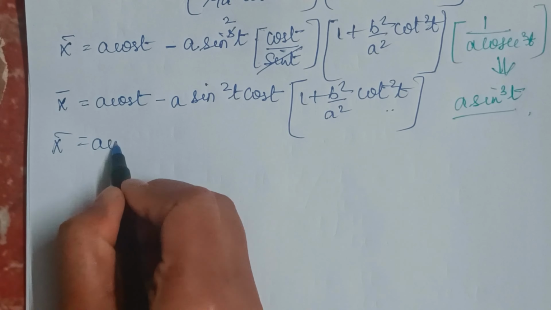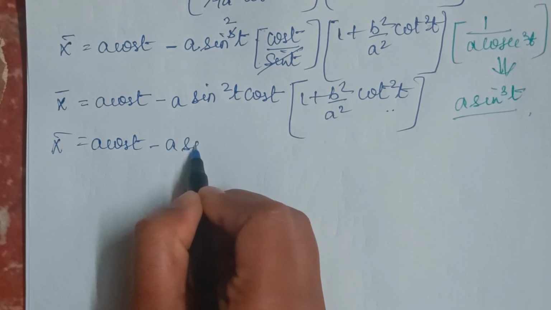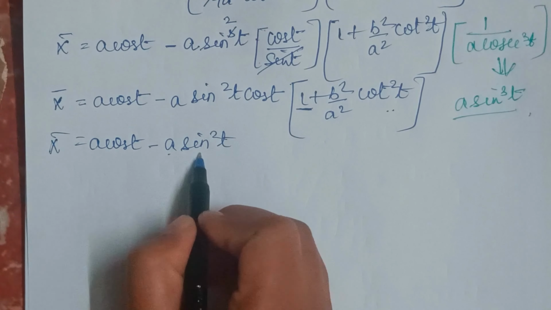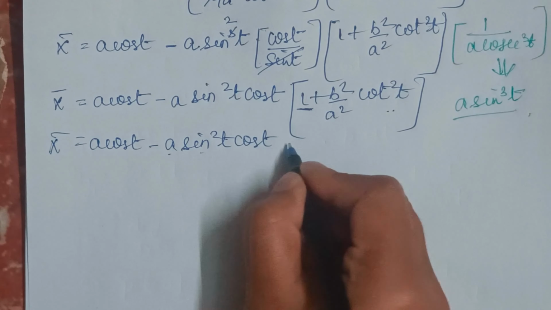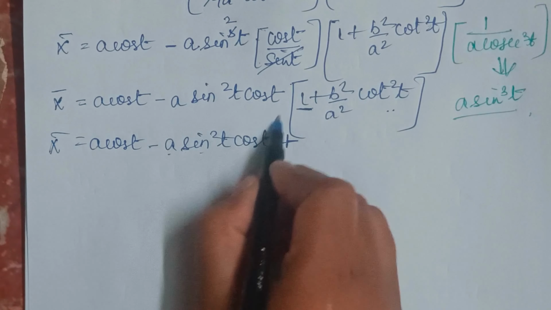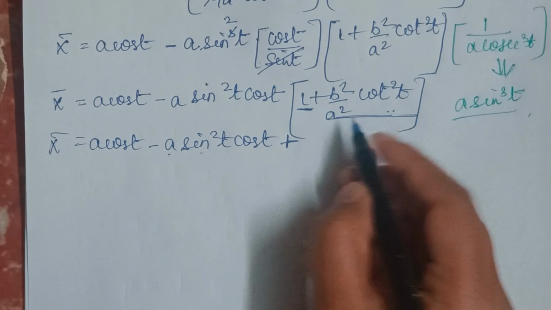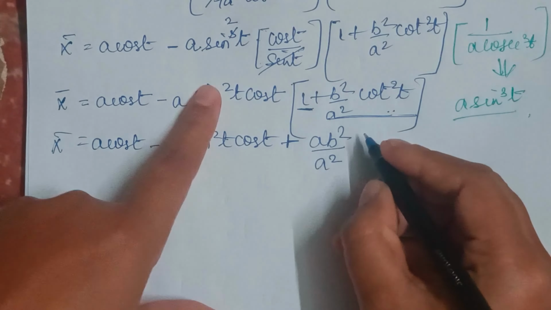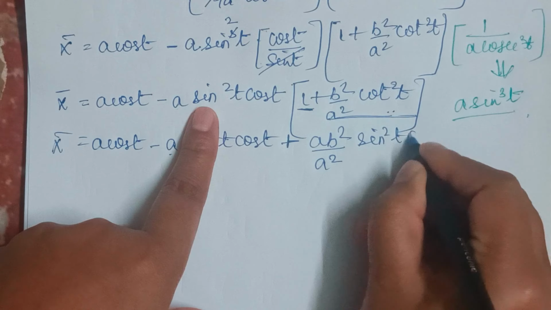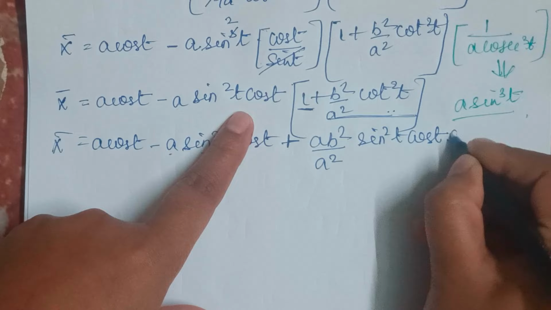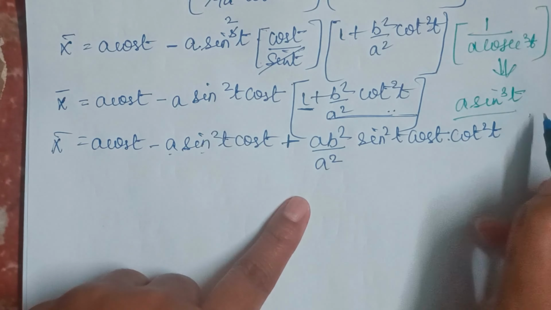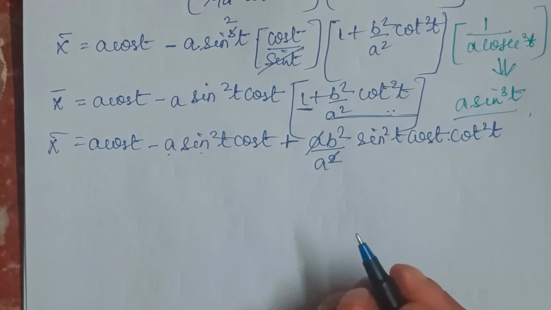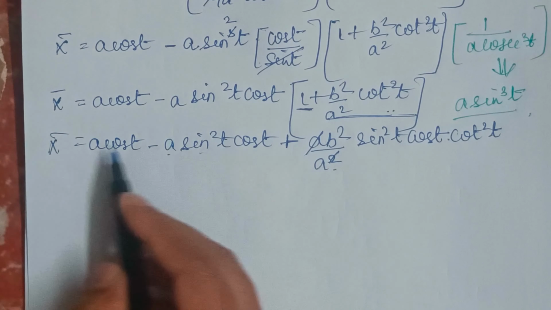x bar is equals to a cos t minus a sin square t. This I'm multiplying with 1. So a sin square t cos t plus, I'll multiply this entirely with this term now. So it will become a b square by a square sin square t cos t into cot square t. Correct? Now here square and a will get cancelled.